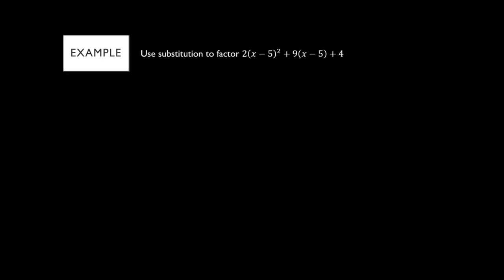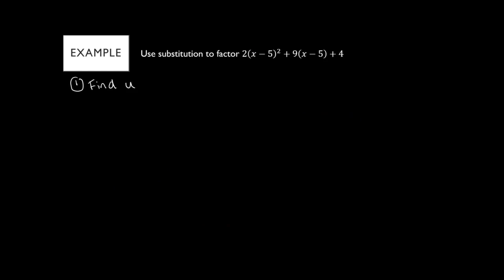So here's another one. And so again, it looks similar in that we have something squared, we have something not squared, but we have these things in parentheses. So step one is to figure out what are we going to set as u.